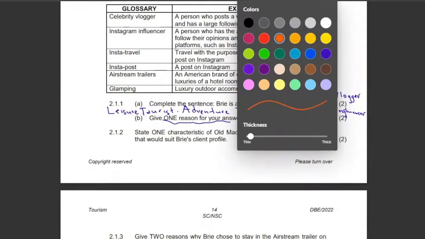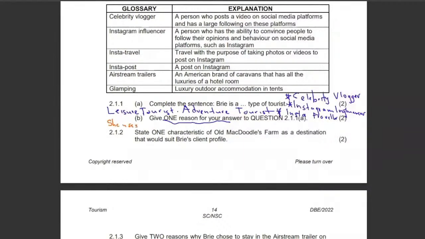All right, she uses social media to influence people's opinions. Then in addition to that, still on the same question, you can also say that she is adventurous.